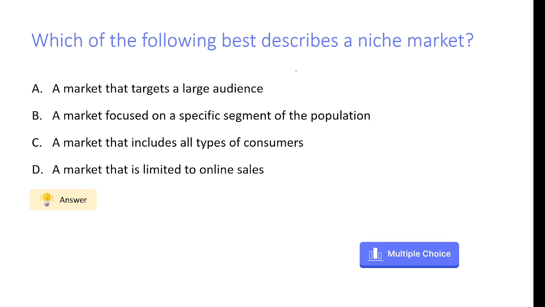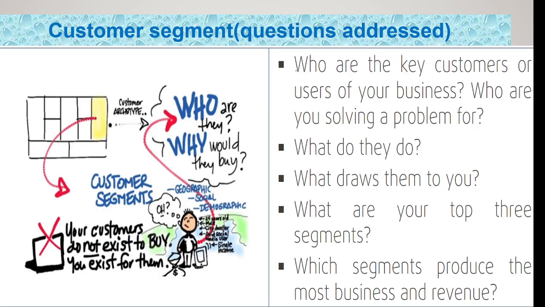C, a market that includes all types of consumers. D, a market that is limited to online sales. What is the correct answer? The correct answer is B, a market focused on specific segment, the identified group of customers to be served.